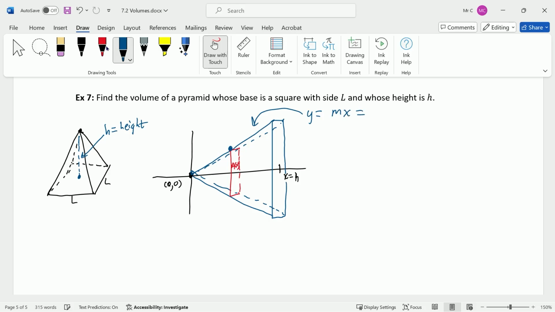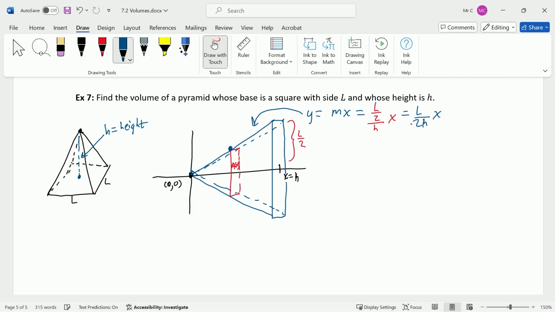Well, if the whole length of the side is L, then this thing is half of L. And the length is h, so rise over run: L over 2 over h times x. But we don't normally write it that way. We would simplify this to L over 2h times x.